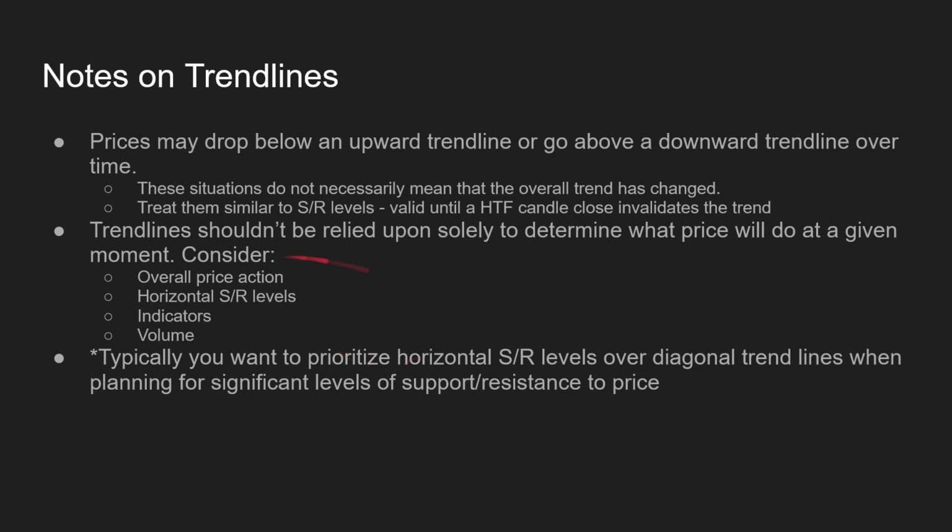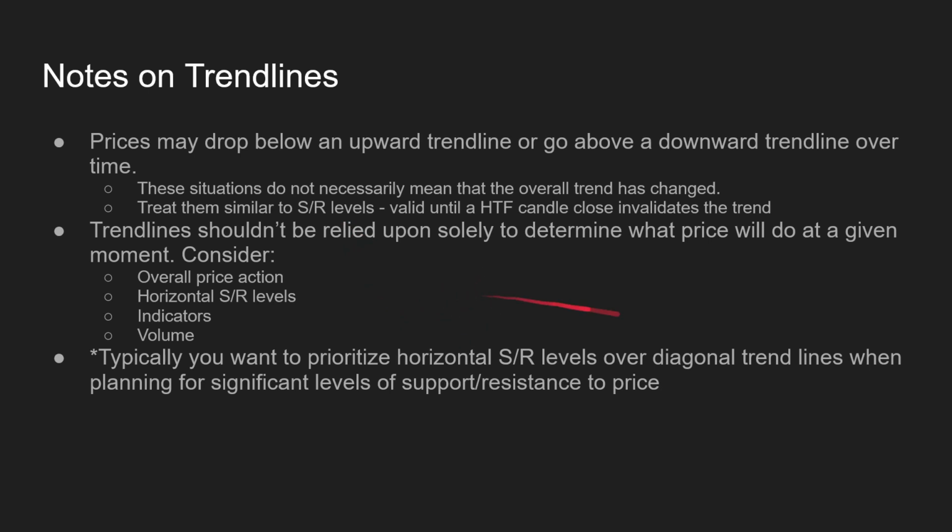Price does not respect trend lines as much as horizontal support and resistance lines, especially key higher time frame levels such as 30K, 42K, maybe 53K in Bitcoin. These are key levels that price action respects, and you will see the difference when price nears them.